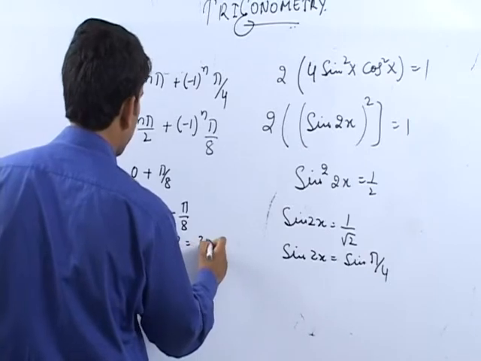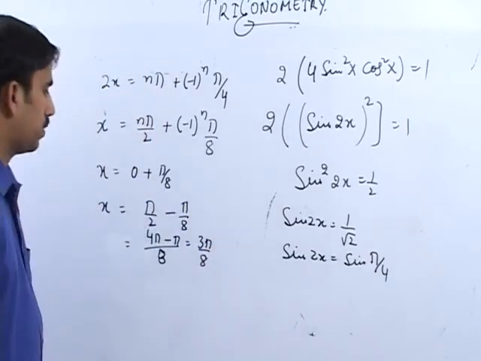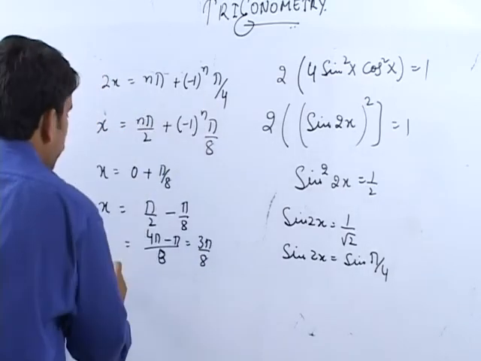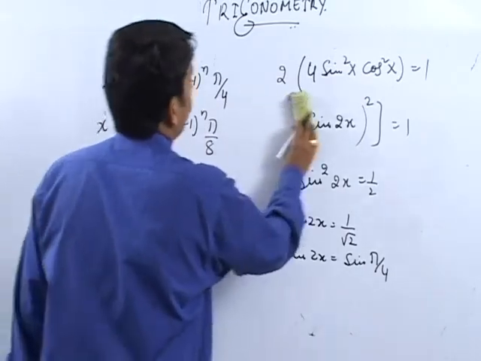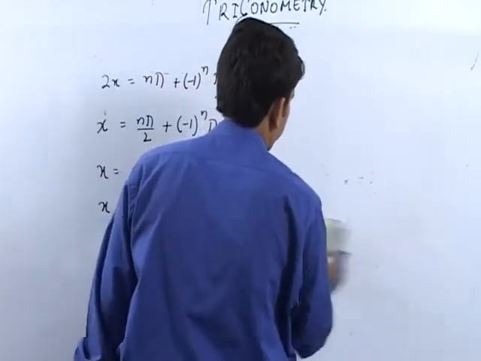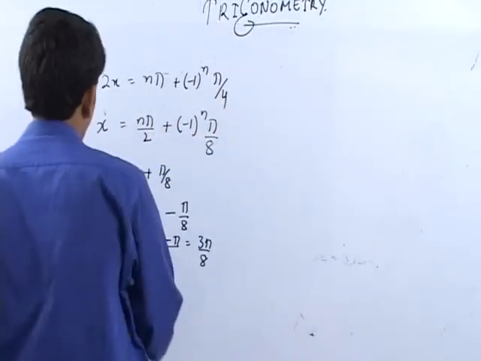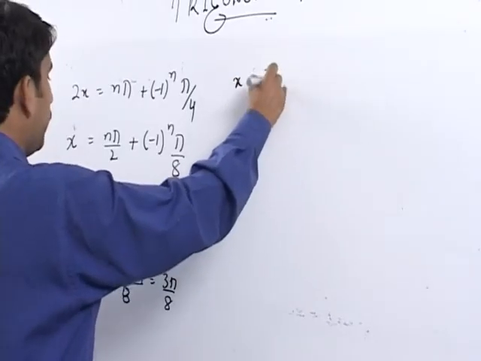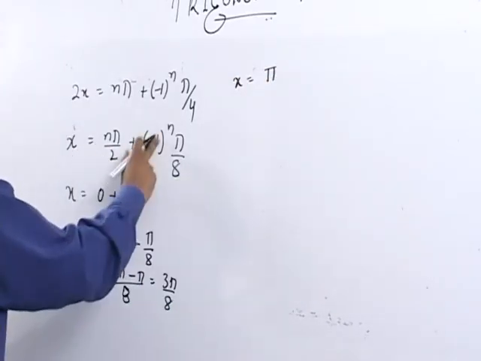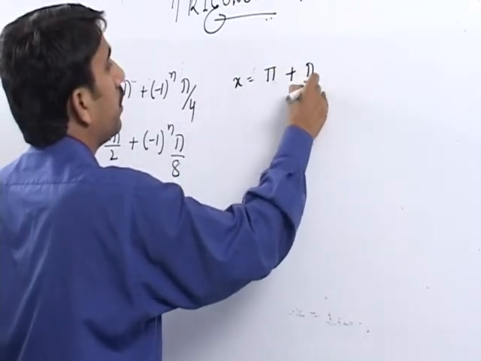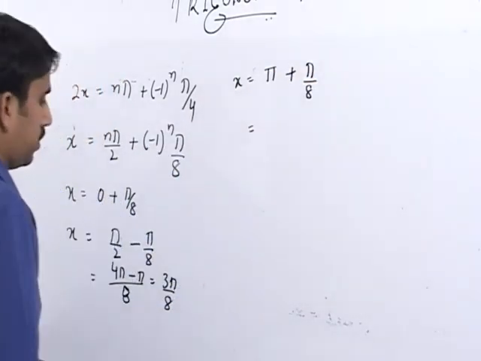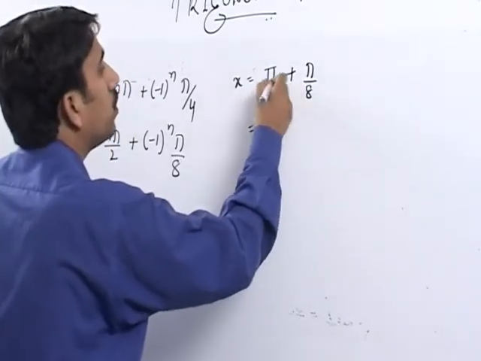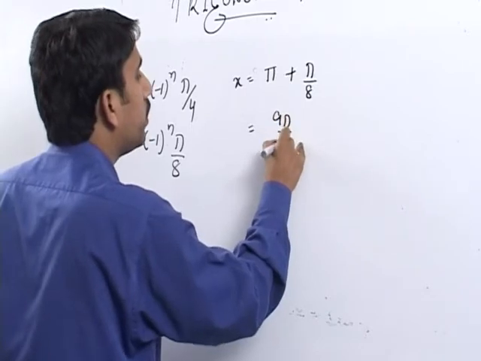This will be 3 pi by 8, and again when you put n is equal to 2 here, then this will be x is equal to pi, 2 will be cancelled out, this will be plus pi by 8, and this will be equal to 9 pi by 8.